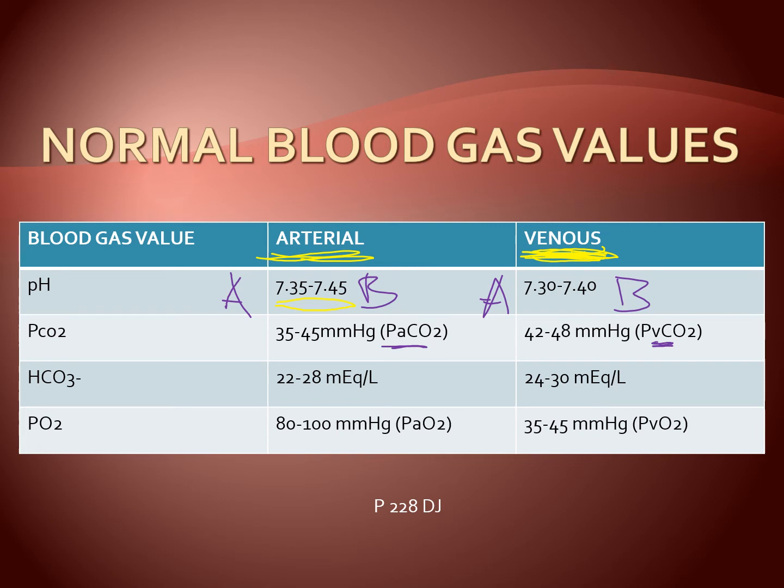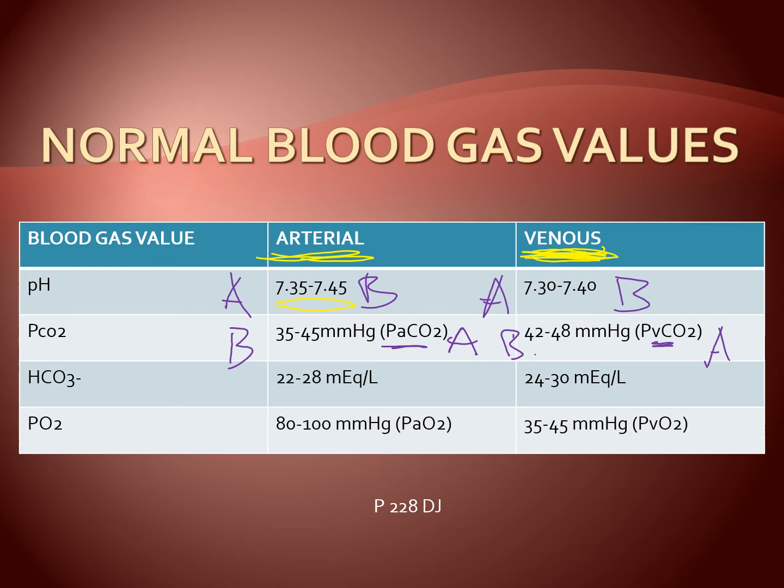Less than 35 would be basic or alkaline, greater than 45 would be acidic, because remember CO2 is a carbonic acid, so a low level would be alkaline and a high level of CO2, which is an acid, would be acidic. Same thing over here, 42 to 48. Less than 42 would be basic. Greater than 48 would be acidic.